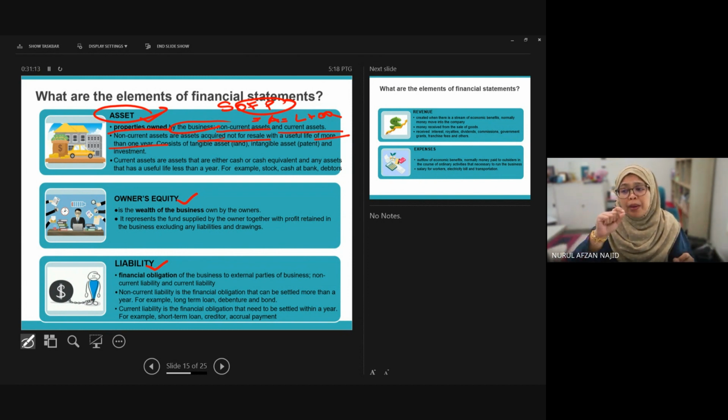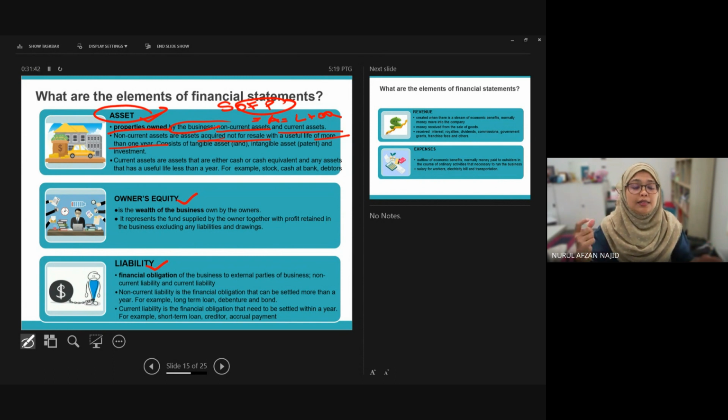So the pattern, the brand yang digunakan tu adalah satu non-current asset. Sebab itulah you tak boleh copy. Macam contoh you copy Nike, nanti Nike boleh saman you sebab you copy dia punya pattern. Tak boleh. Sebab itu adalah aset dia.